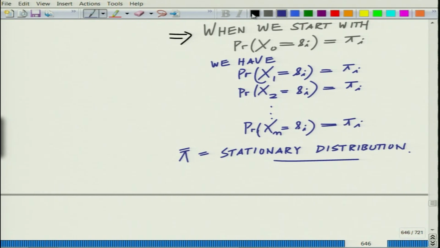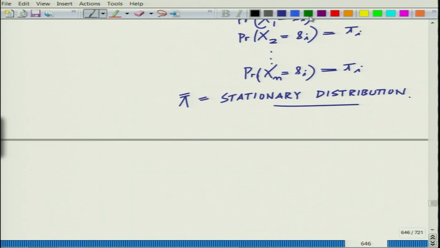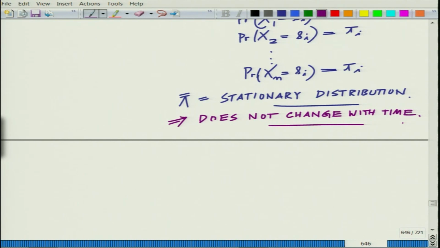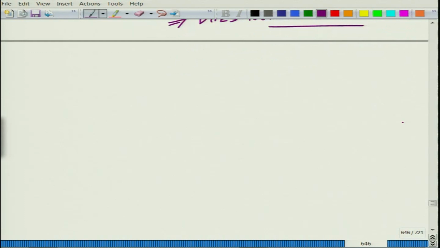This pi bar is a stationary distribution, that is, it does not change with time. And when does that happen?